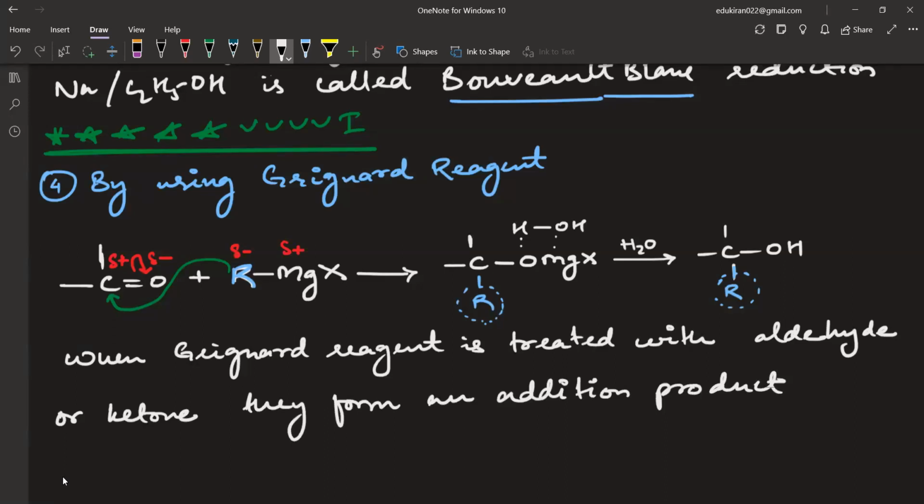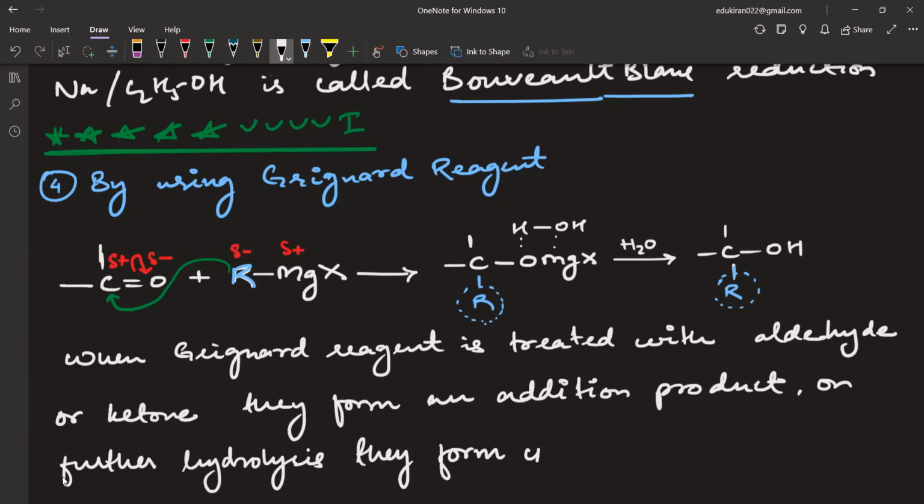The pi bond broke, and you have added an R group on the carbon atom and an OMgX group on the oxygen. So that is the addition product. Then you write, on further hydrolysis, they form the corresponding alcohol.